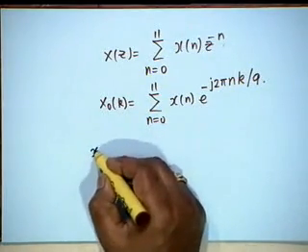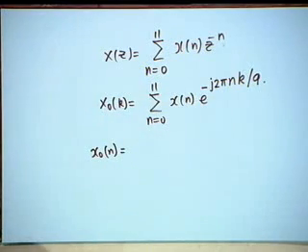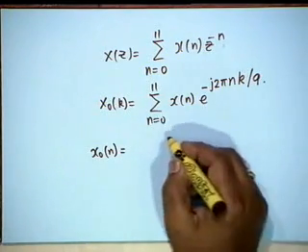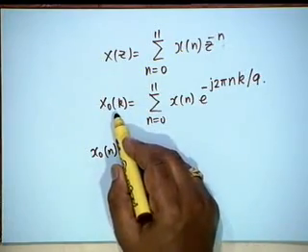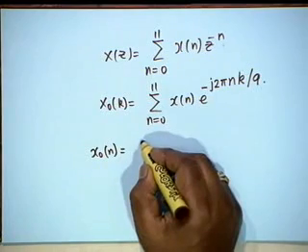I have to compute x0(n), and this is the point where one has to understand. We take an IDFT. In other words, we write the IDFT relationship. Let us see what happens. I am not allowed to compute X0(k), so I will not compute it. Let us see what is IDFT.